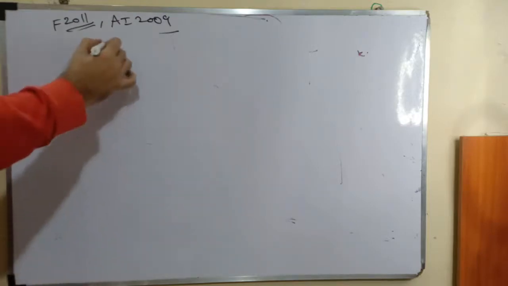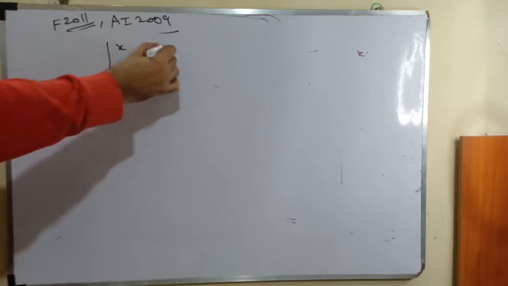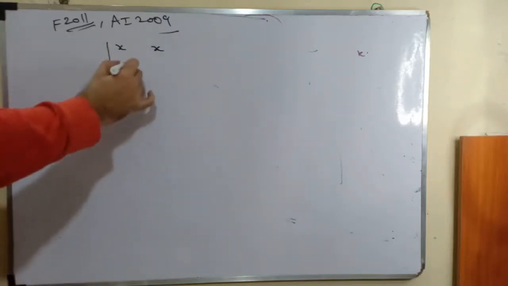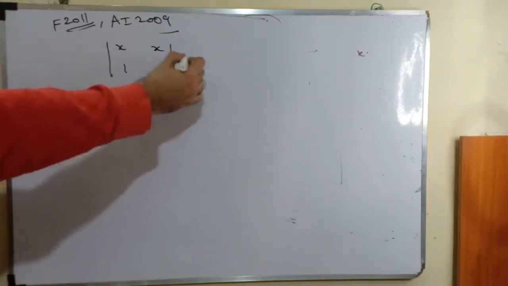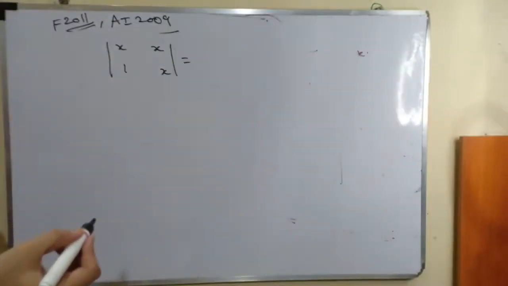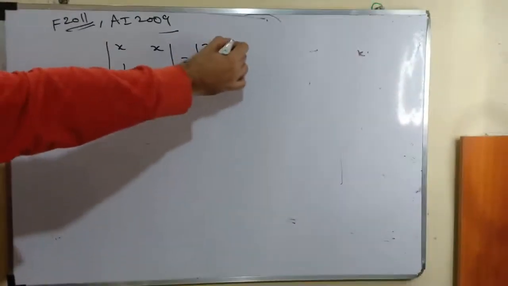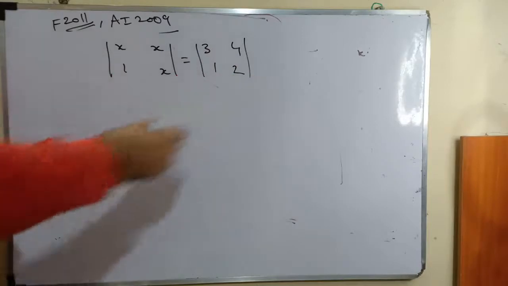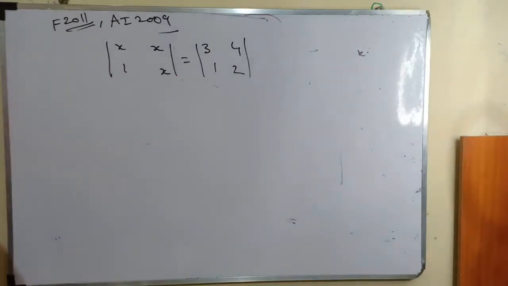This particular question what I am discussing is asked in both. So it's given that if these two determinants, x, 1, 1, x is equal to 3, 4, 1, 2, what is the value of x?